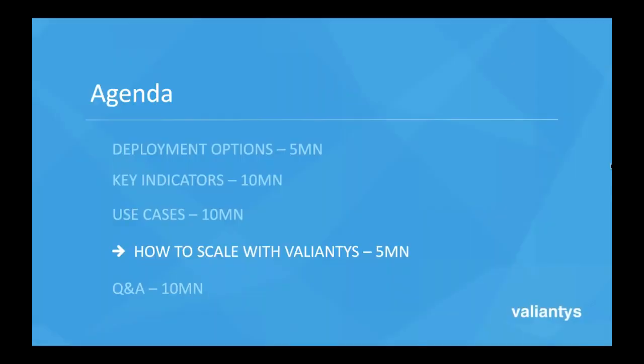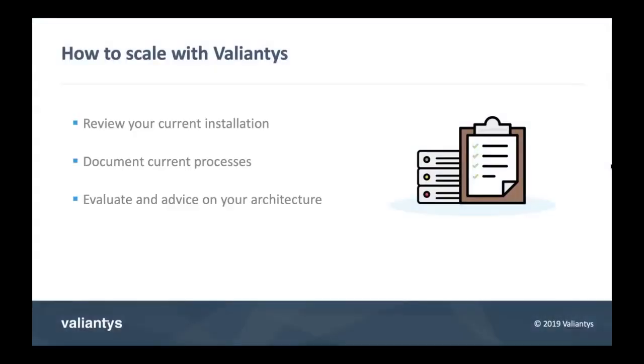Then we have here how we help clients with that transition. We have clients that are reaching a point where they are already suffering performance degradation, or they see that the organization is growing fast and they need to plan for a 6 month to 1 year period so the instance can handle the growth.